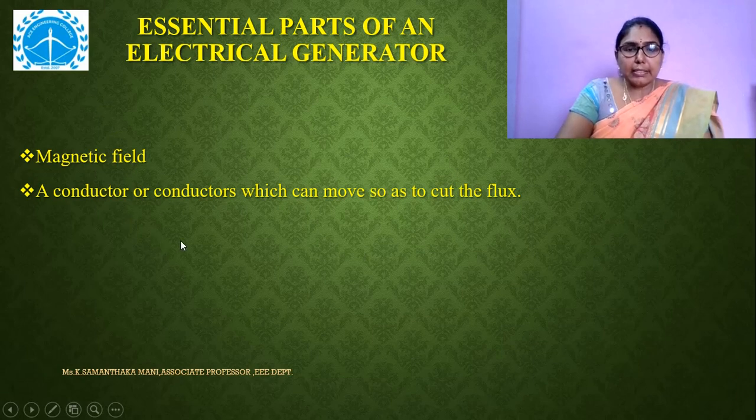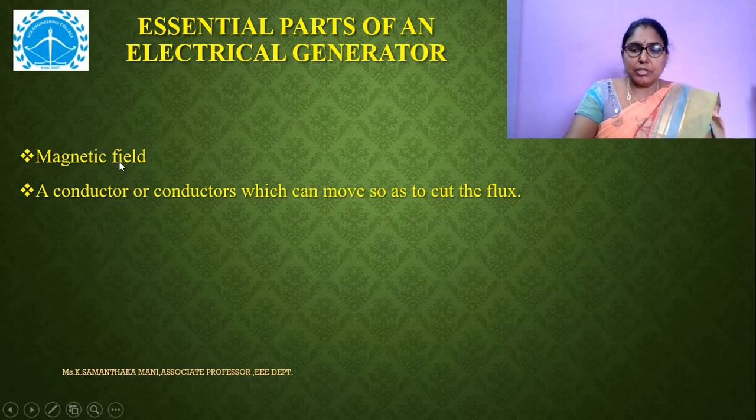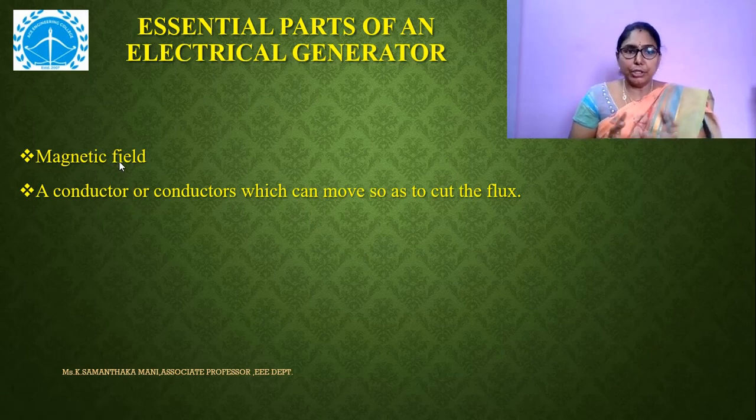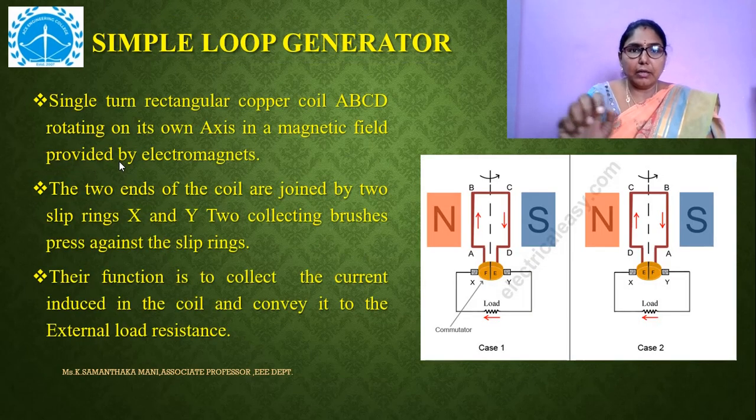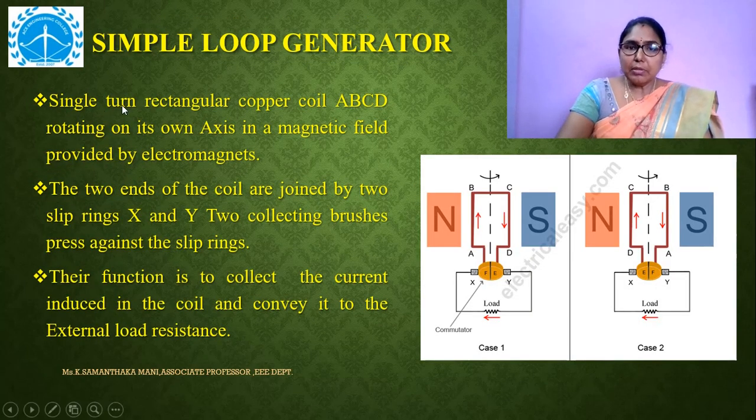But here in the generator, we are considering the magnetic field to be kept constant or stationary, and we are allowing a conductor to rotate within the influence of the magnetic field. So the essential parts of an electrical generator are a magnetic field and a conductor, and this conductor moves within the influence of the magnetic field. This can be very clearly understood with the help of the single loop generator.